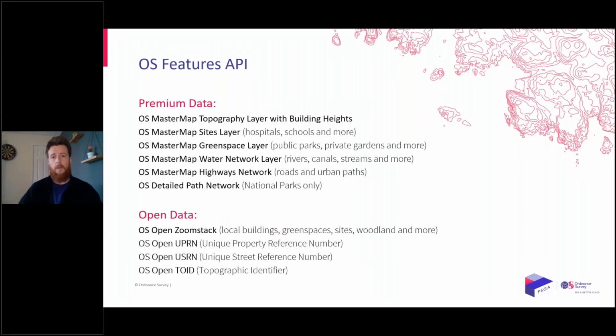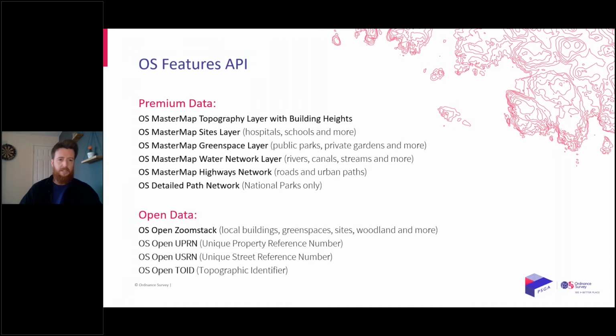And this is the list of data layers that are available through the Features API. As you can see, on the premium data side, you get all of the MasterMap data from the topography layer, where the buildings already include the building height attributes, through to the sites layer, green space, water network, highways network, and indeed the detailed path network within national parks.